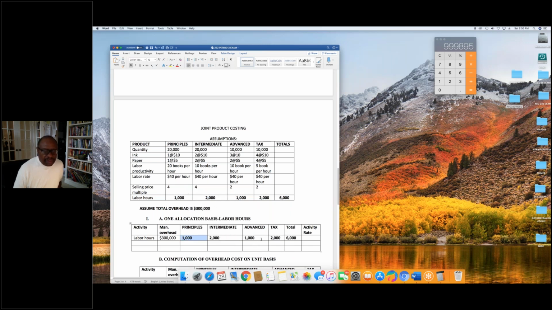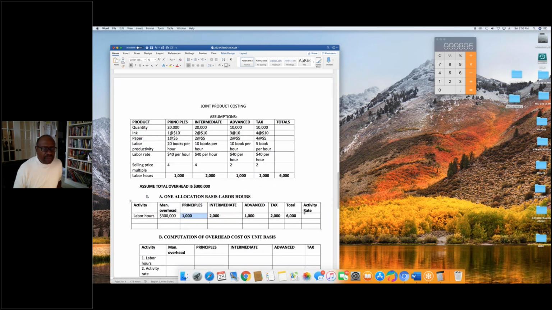So 1,000, 2,000, 6,000 total hours. Our activity rate is always going to be the total overhead divided by the total hours. 300,000 divided by 6,000. If we divide 300 by 6,000, we should get an activity rate of $50.